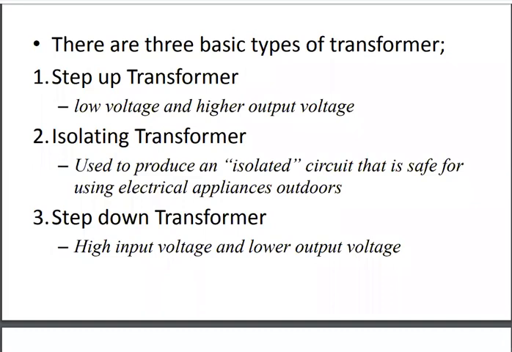So many transformers you will see in electrical gadgets like your transistor, television, and many other devices, and even on the speaker. This device isolates the circuit, which is safe for using as you use the appliances outdoors.